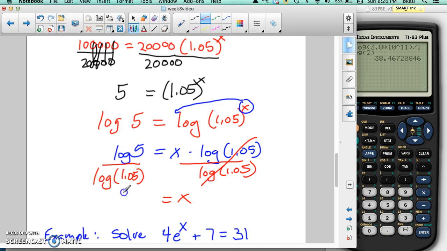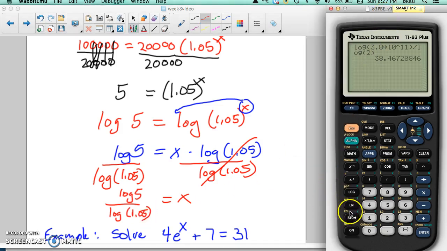Log of 5 divided by log of 1.05. And we're using our calculator here to figure that out. Log of 5 divided by log 1.05, and that's approximately 33.